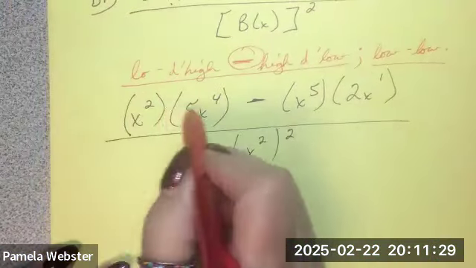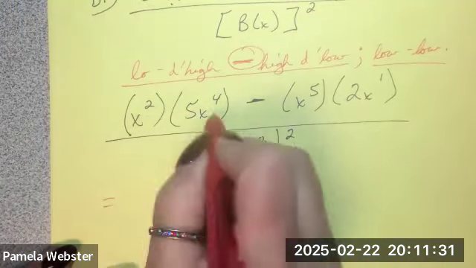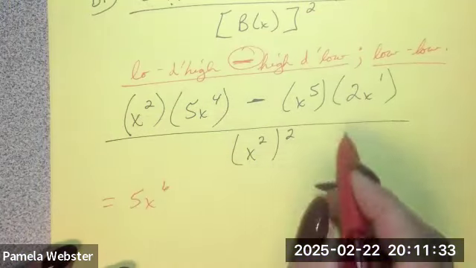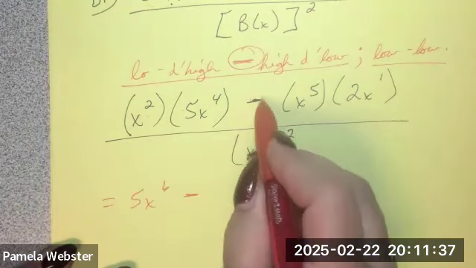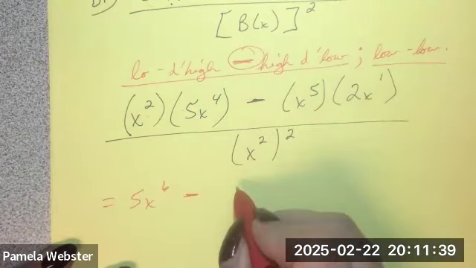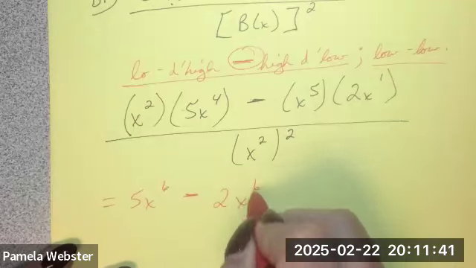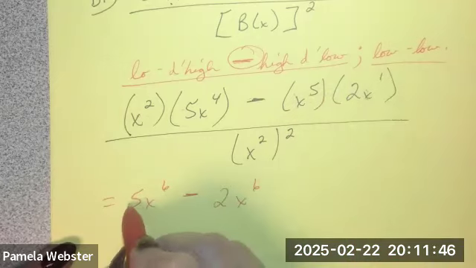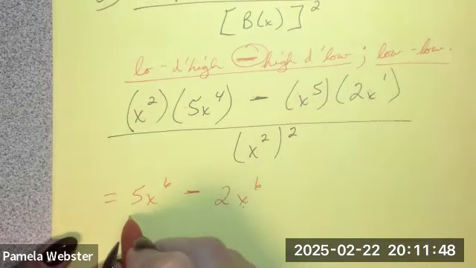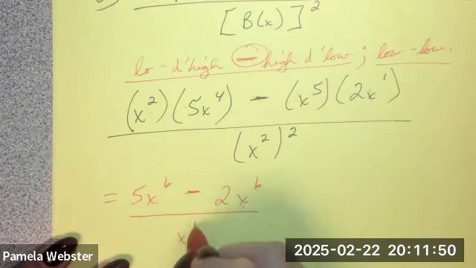All right. Multiply these guys together. So this is 5x to the sixth, right? Minus, from the formula, minus 2x to the sixth. It's really important because these are always going to be things that will combine if we've done it right.